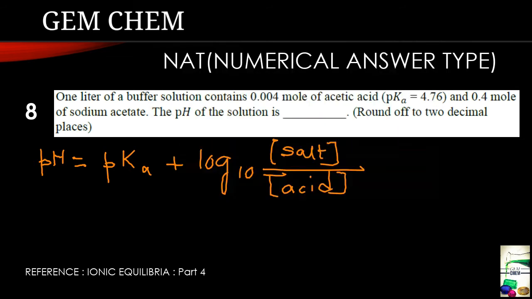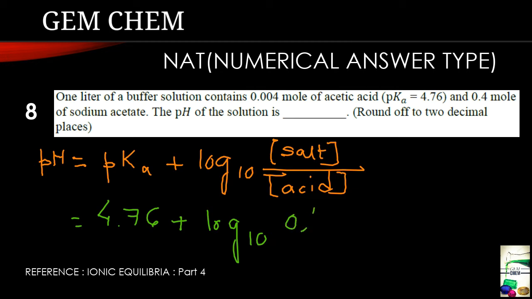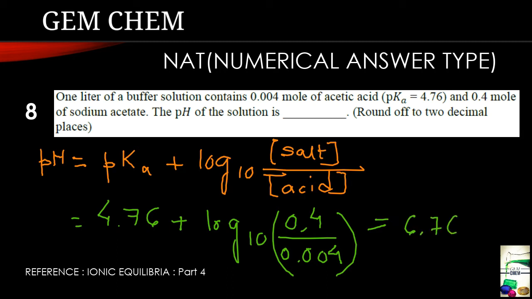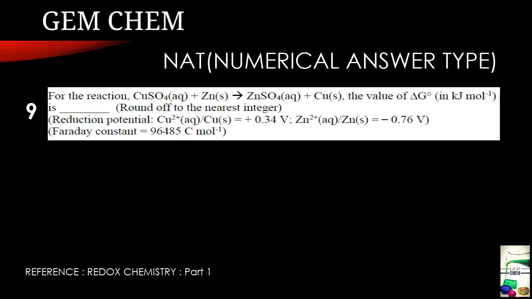Now here we have already given pKa 4.76 plus here log 10 salt concentration is given to be as 0.4 and here 0.004, right. So this ultimately comes to be as near about 6.76, and since it is told round off to 2 decimal place, so this answer is perfect.